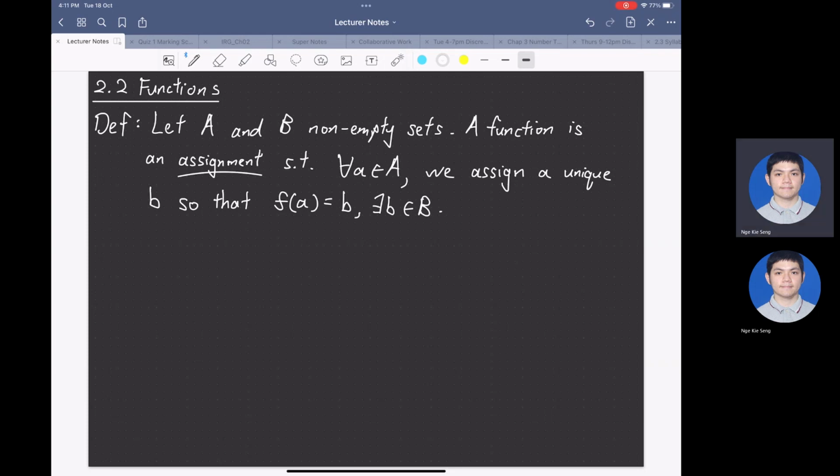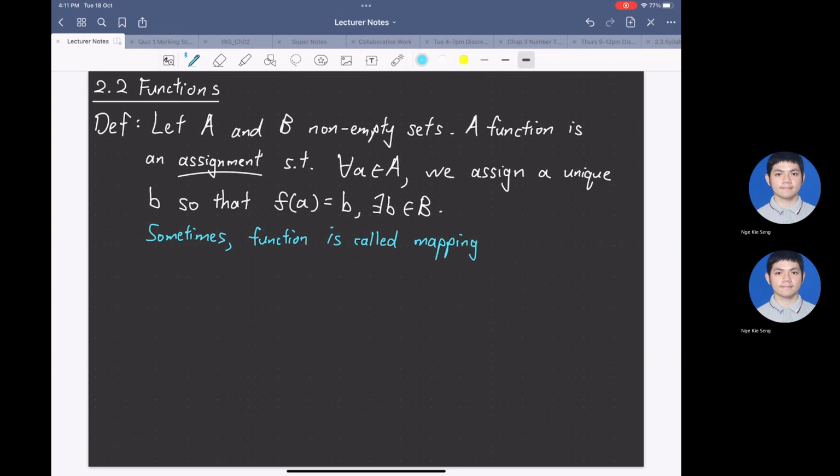Sometimes functions are called mapping or transformation. For every a, we have to have a b.